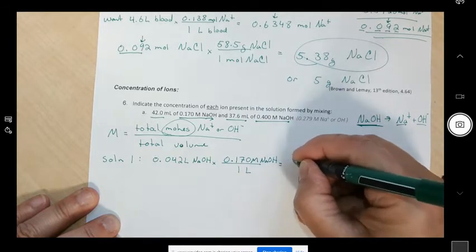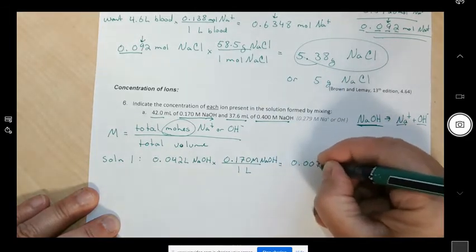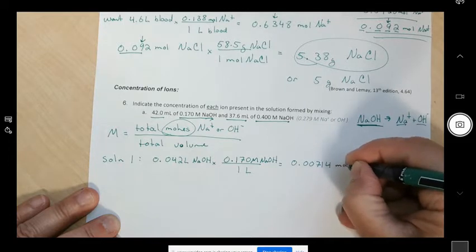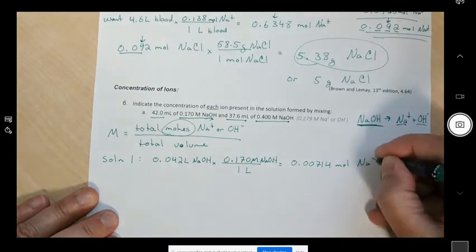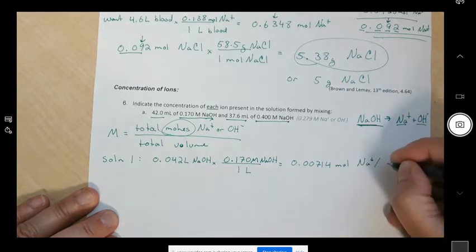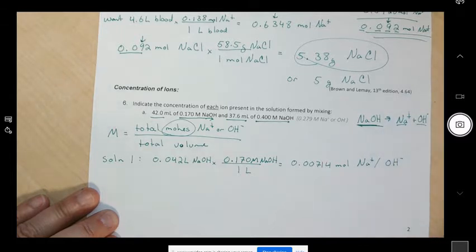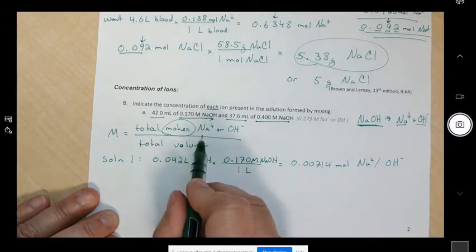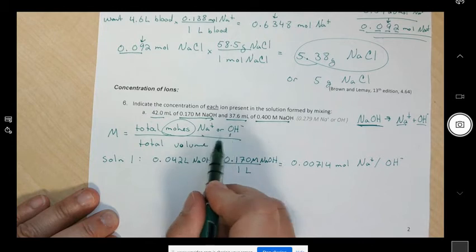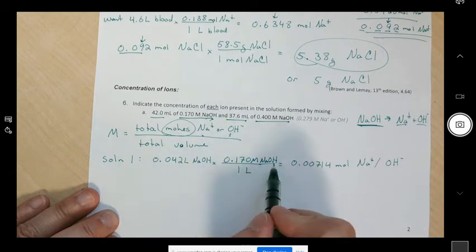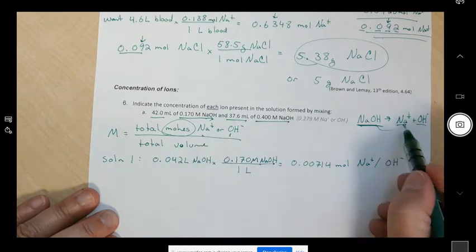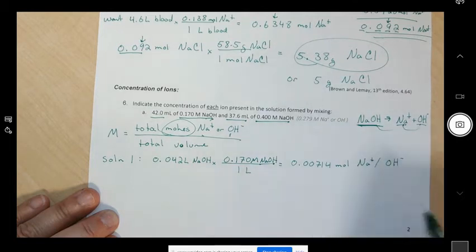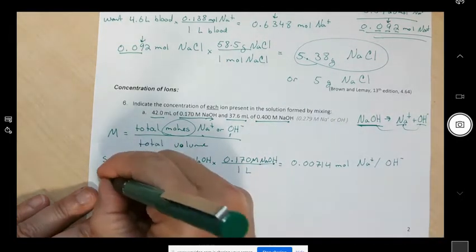This is actually going to give me 0.00714 moles of both Na plus and OH minus, because I have that 1-to-1 ratio that I was talking about. So however many moles of sodium hydroxide I have, that's the number of moles of Na plus and OH minus, because it's a 1-to-1-to-1 ratio.